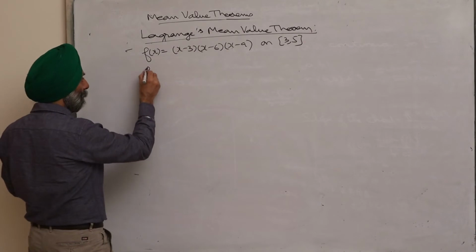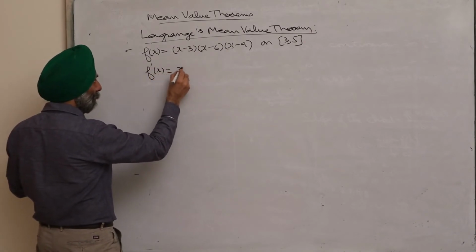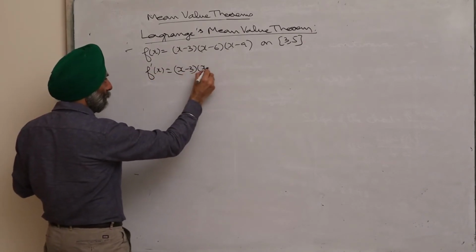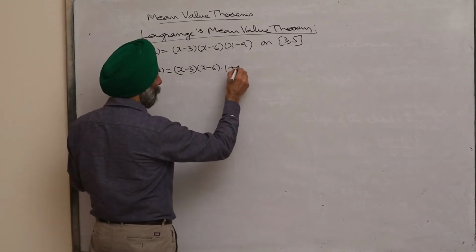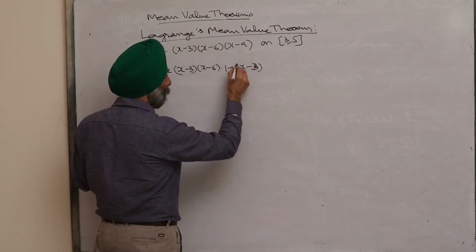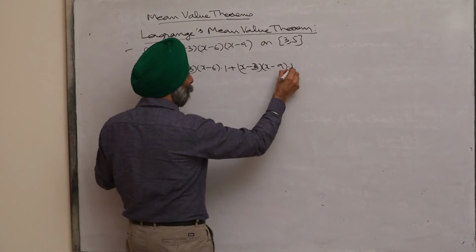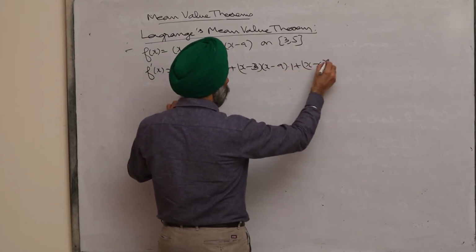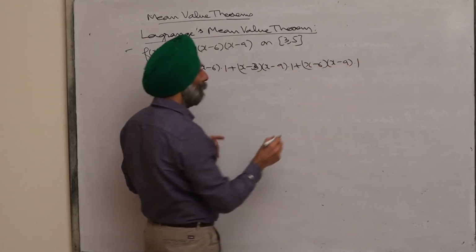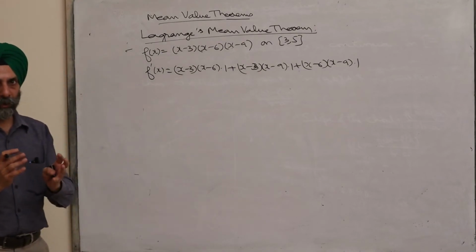Now find the derivative of this. The derivative is (x minus 3)(x minus 6) into 1 plus (x minus 3)(x minus 9) into 1 plus (x minus 6)(x minus 9) into 1. So this is by differentiating the product of three functions.